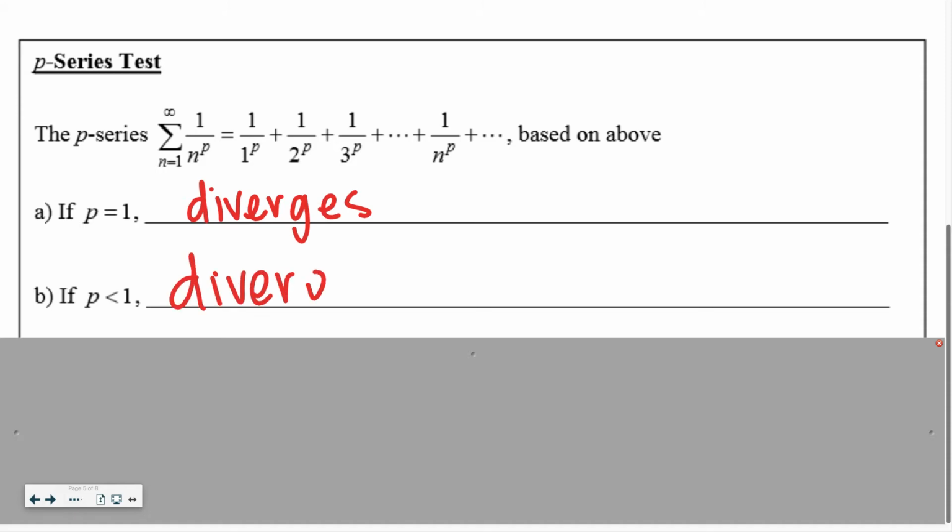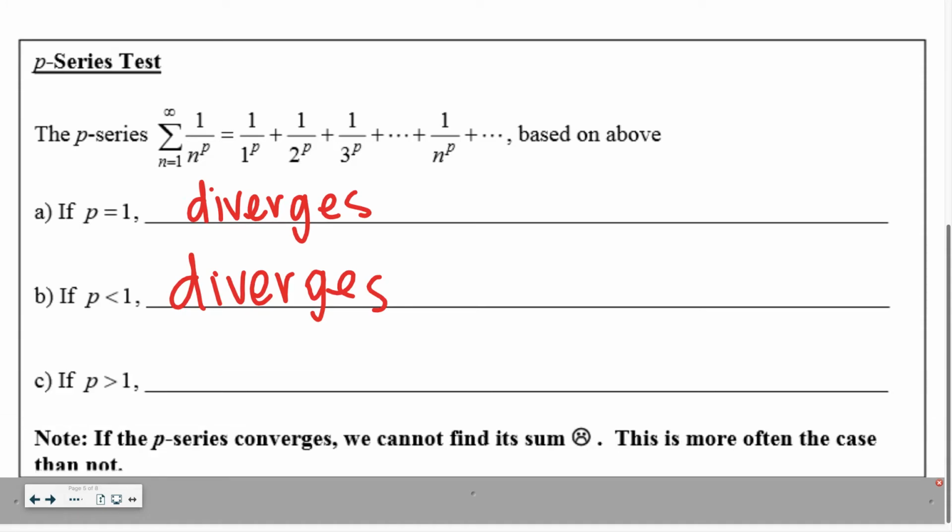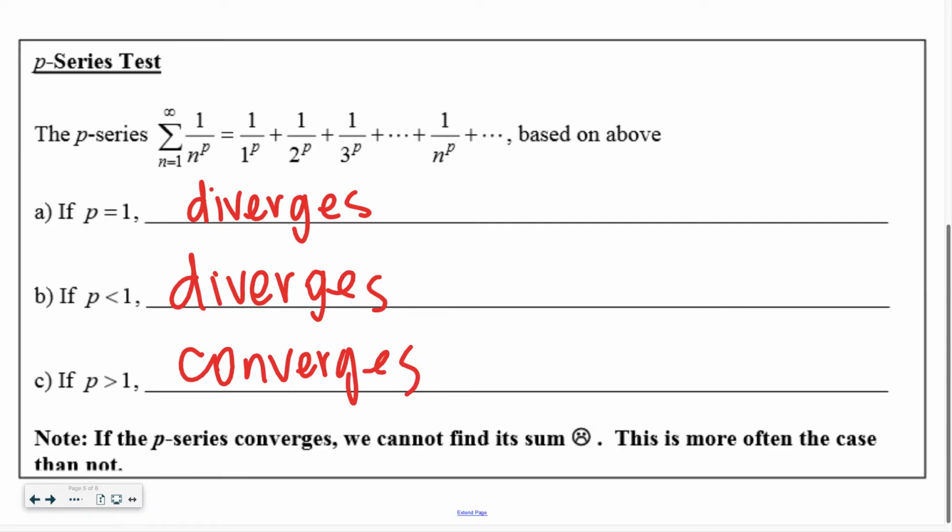So in order for a P series to converge, P needs to be greater than 1. Here again, we are not going to be able to tell what it converges to, but we will be able to say that it converges.